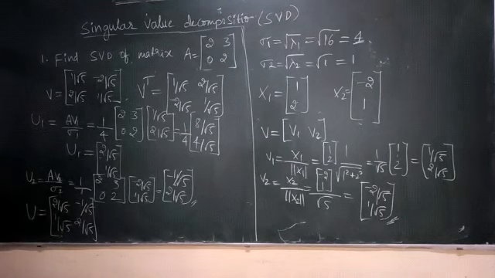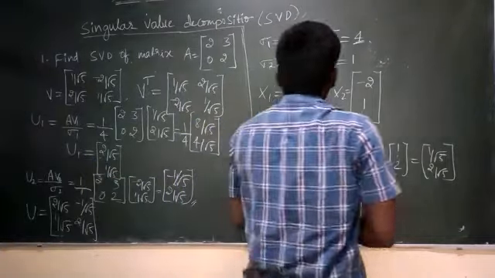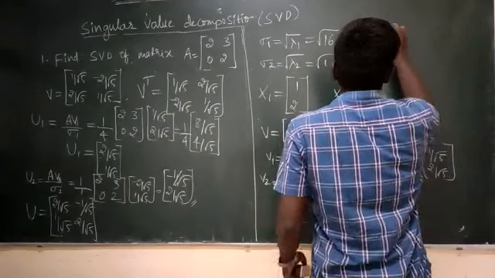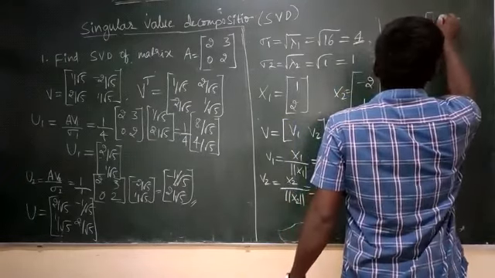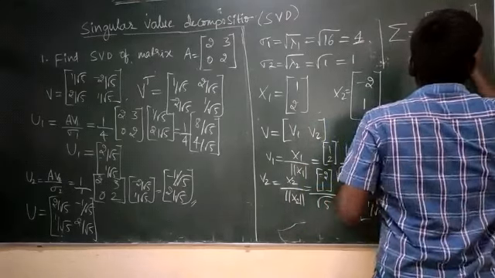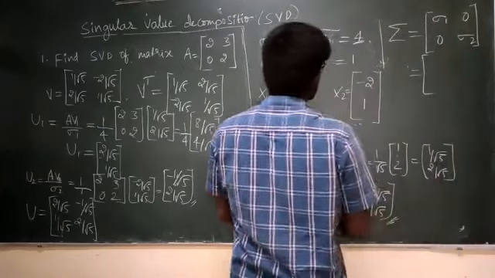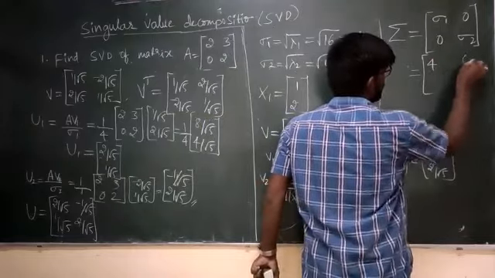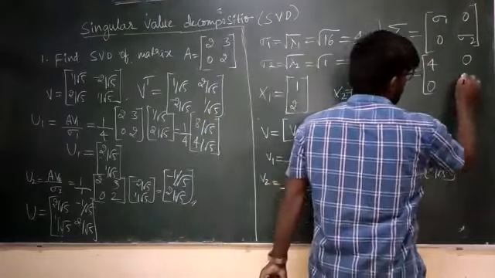So now, by the use of the singular values, we have to find the diagonal matrix. The diagonal matrix sigma is nothing but sigma 1, 0, 0, sigma 2, which equals 4, 0, 0, 1, since sigma 1 is 4 and sigma 2 is 1.